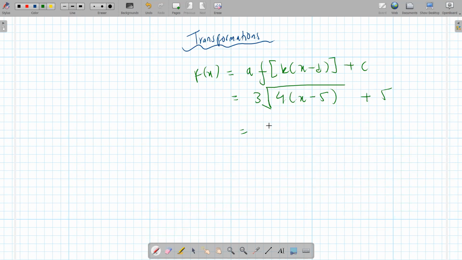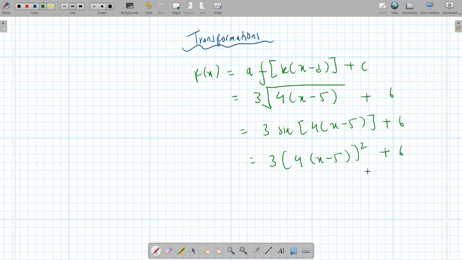Let's do it for a sine function. 3, now f becomes sine, and then you have k(x minus d), plus c. Let's make the c a 6. You can do that for a quadratic function too. Now f is quadratic, and we have 4 times (x minus 5) squared plus 6.